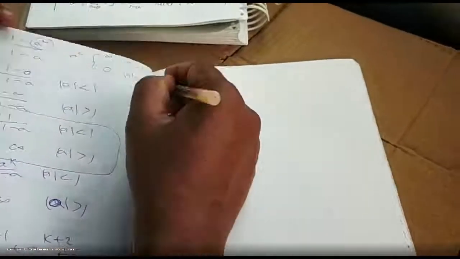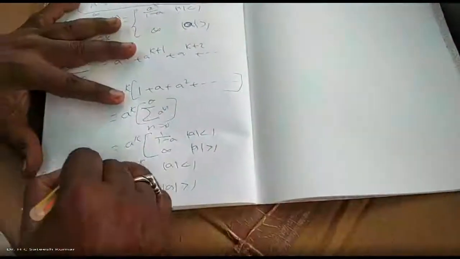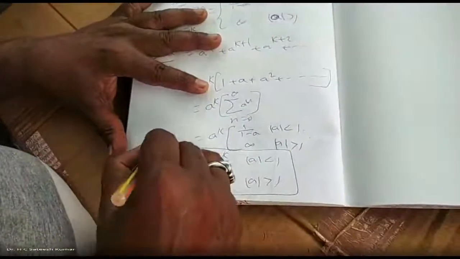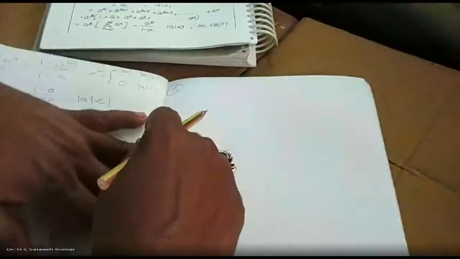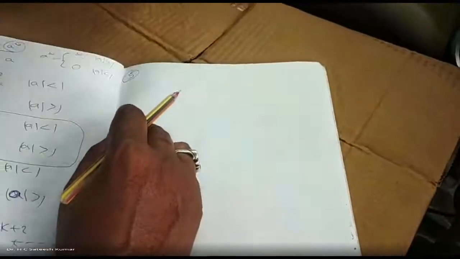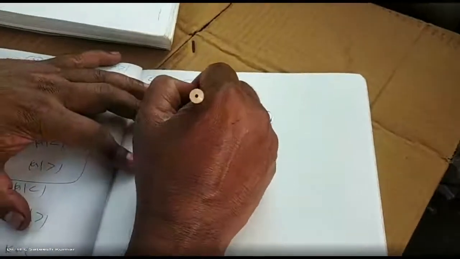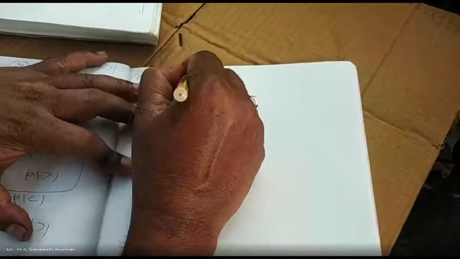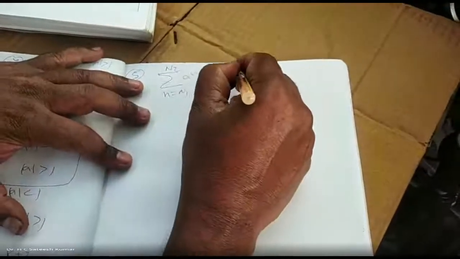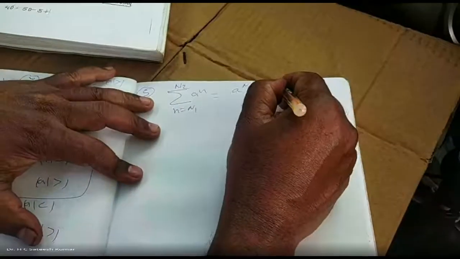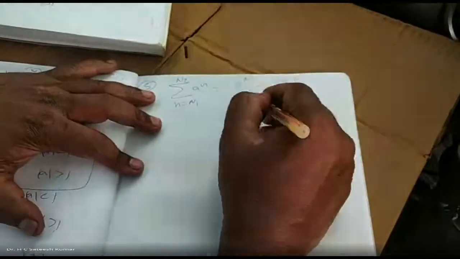Okay, right. Next, we shall move on to the fifth one. So this is another important result. Summation n varies from n1 to n2 of a power n is equal to a power n1 minus a power n2 plus 1 divided by 1 minus a.